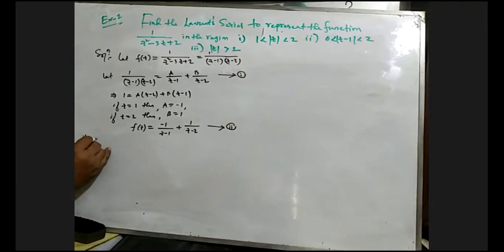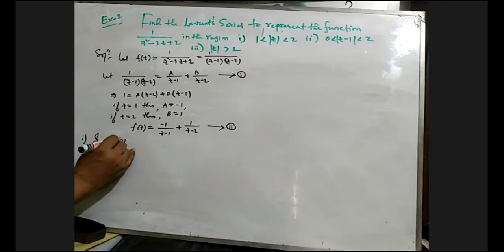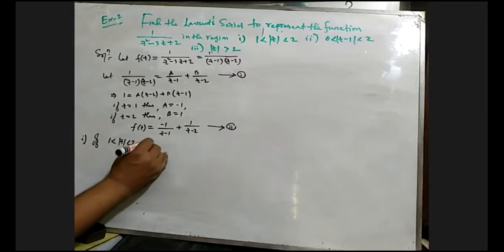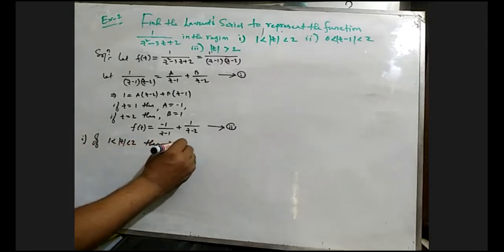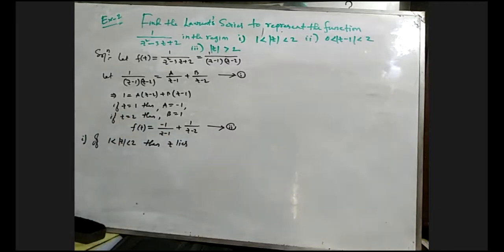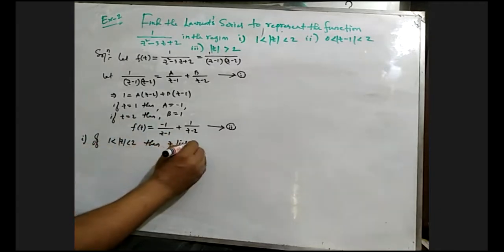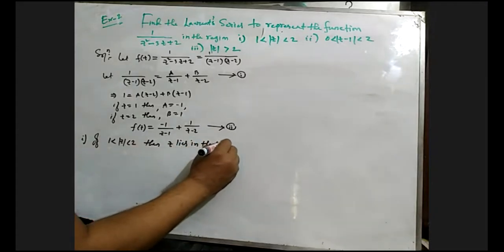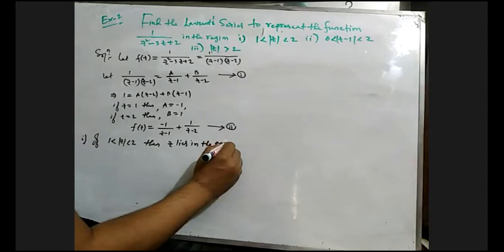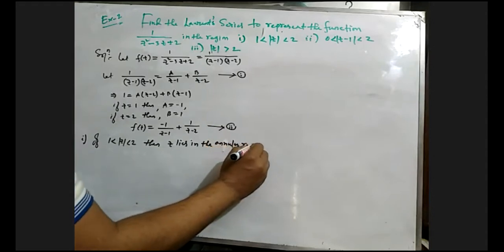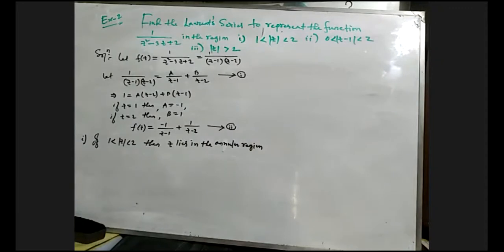If 1 is less than |z| less than 2, that means if the circle has a radius between 1 and 2, then z lies in the annular region about z equals 0.